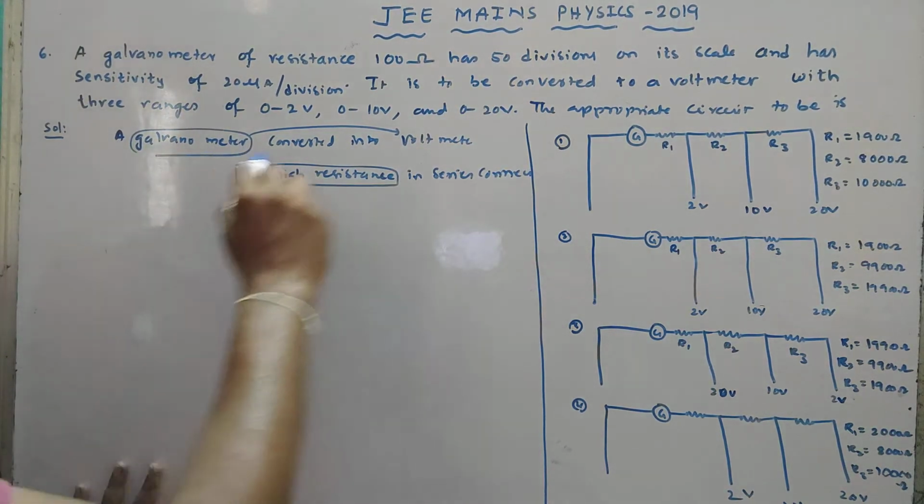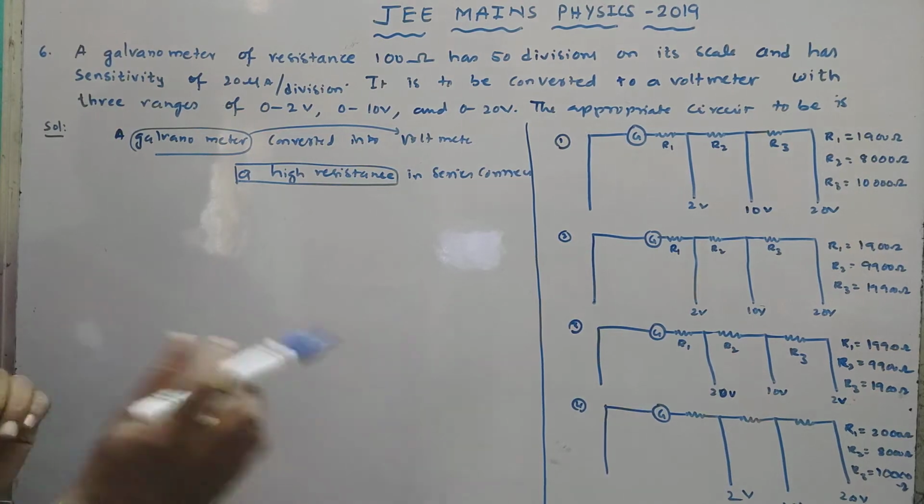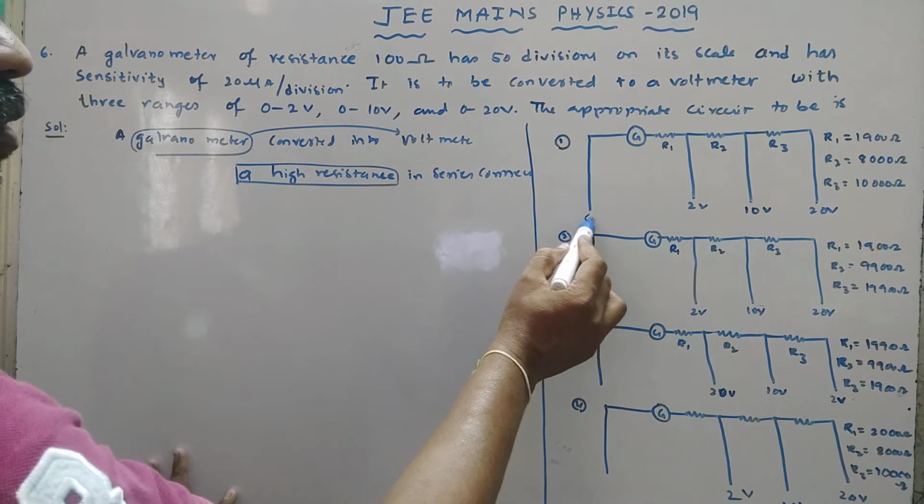Then the galvanometer is converted to a voltmeter with a range, for example, starting at 0 volts.